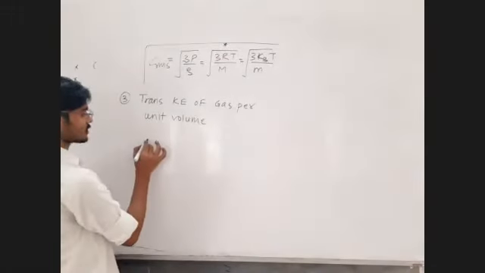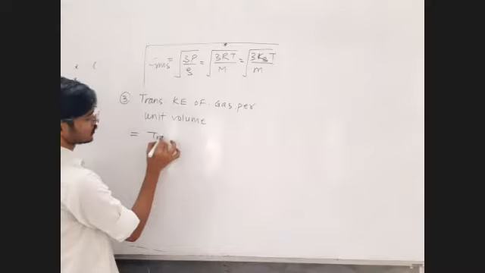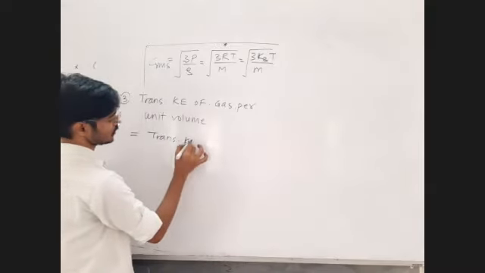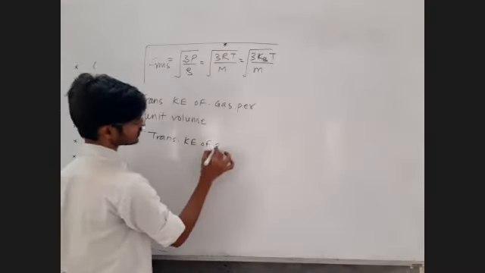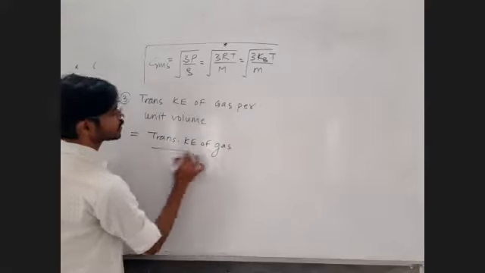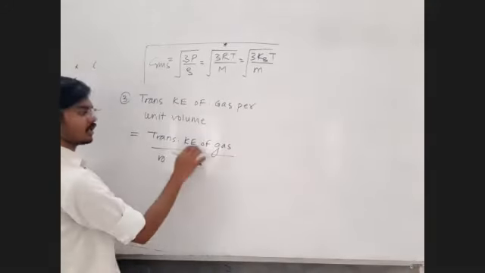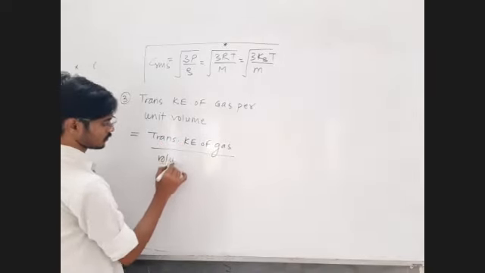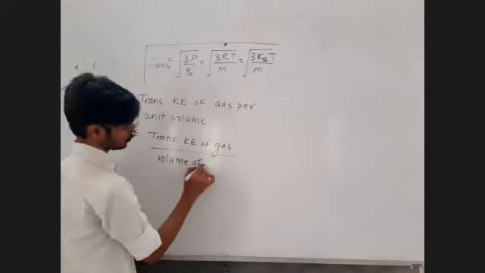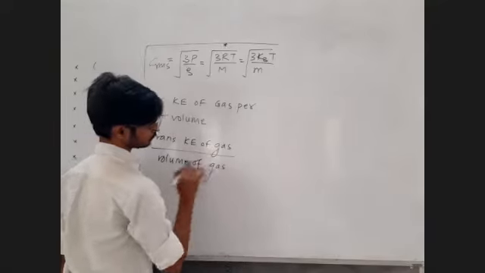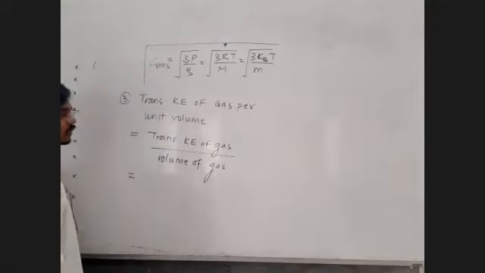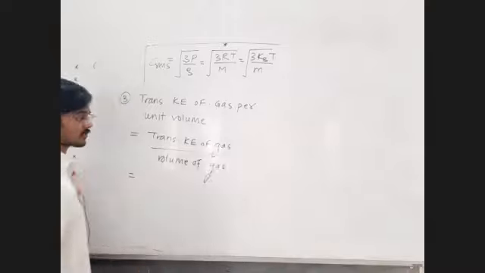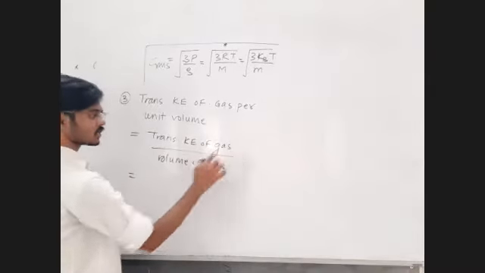Very simple thing, it is equal to translational KE of gas divided by volume of gas. Kinetic energy per unit volume means kinetic energy divided by volume of gas. How to write the translational kinetic energy of gas?